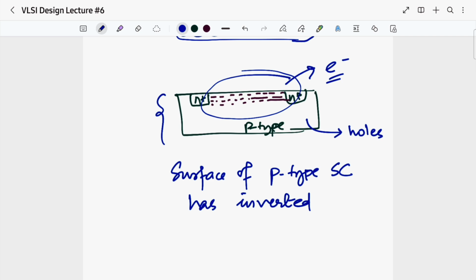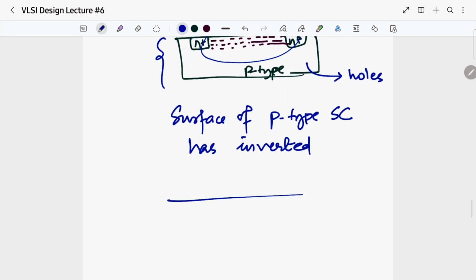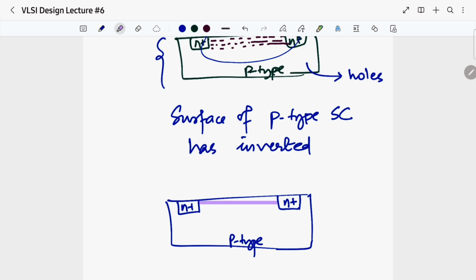These electrons have caused the surface to invert, and all the electrons are in this region.